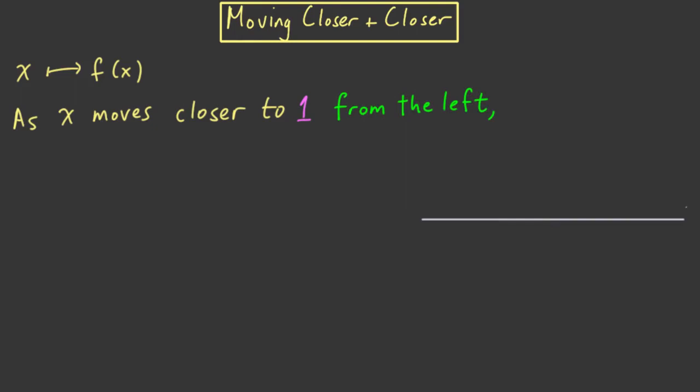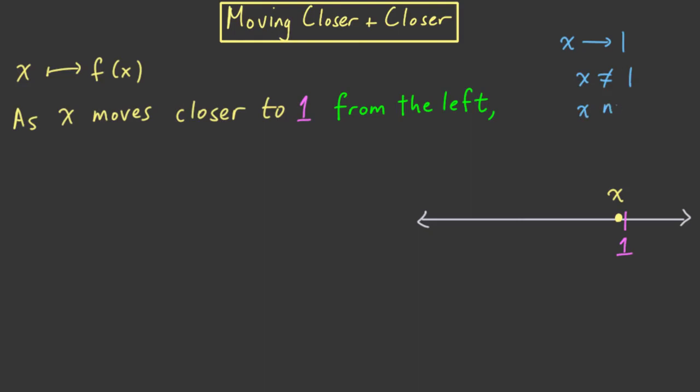So if this is a number line and we've got the point 1 right there, then x could start here and just move closer and closer and closer towards 1 from the left. We'll use this arrow notation to denote that x is getting really close to 1. But a warning, this does not mean that x will ever actually equal 1.